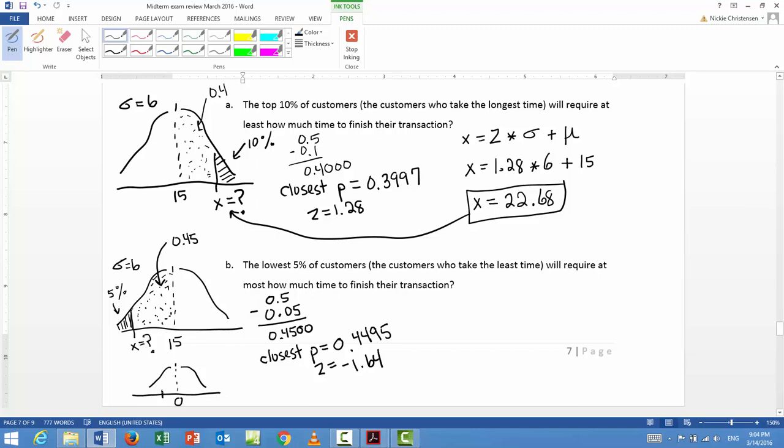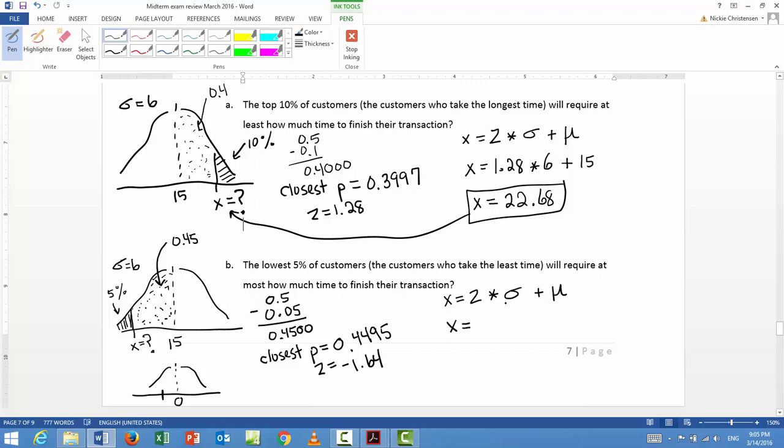Well, we just found it will be equivalent to a z value of 1.64, but that must be negative because it's to the left of the mean. And we remember this is like a number line. So anything to the left of 0 would be negative. And this is important because in the third step of the problem, when we use our formula to find the x value, if we don't have that z negative as it should be for this problem, we're going to get the wrong answer.